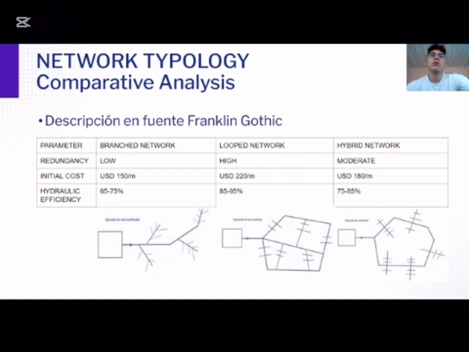Mixed network. In Quito, Ecuador, grid networks are used downtown and branch networks are used on the slopes of Pichincha. For these 3 network types, the attached table shows the estimate of initial cost, hydraulic efficiency, and redundancy, the existence of alternative routes.